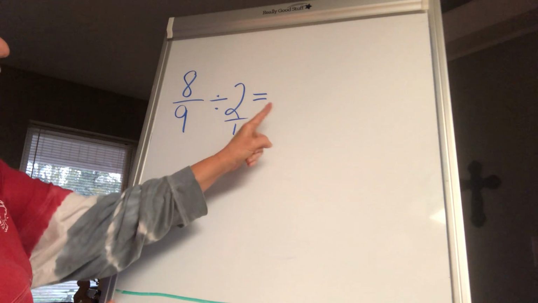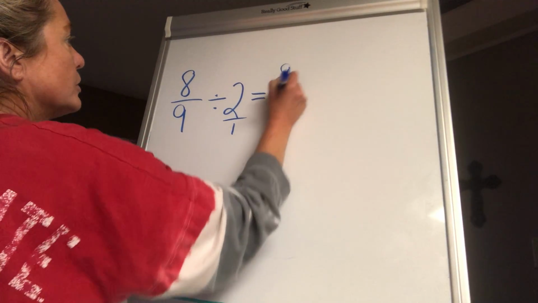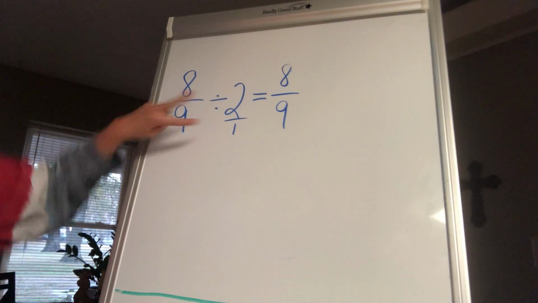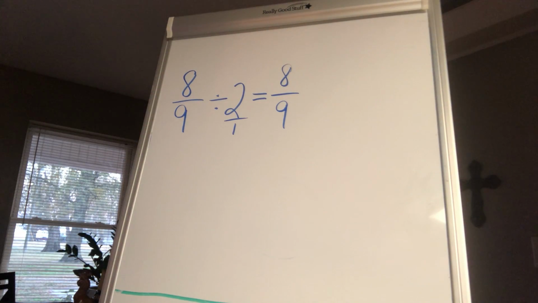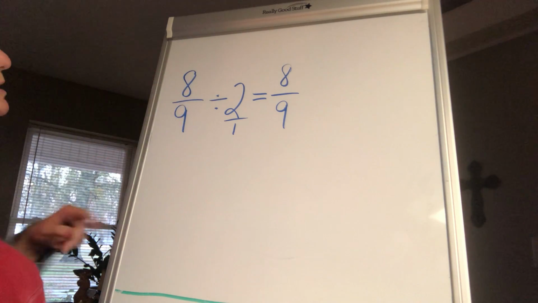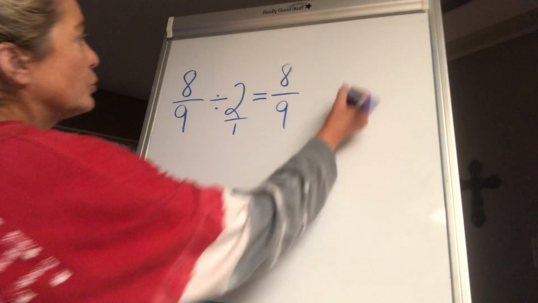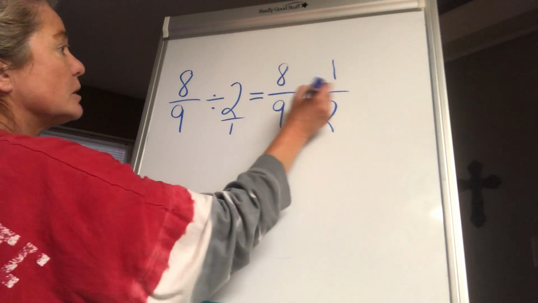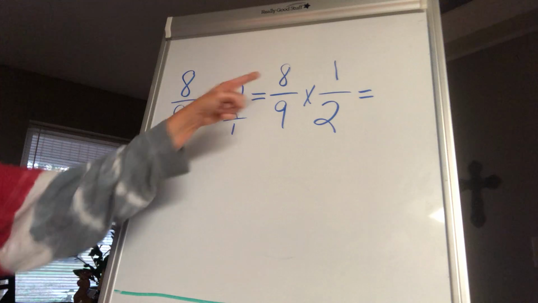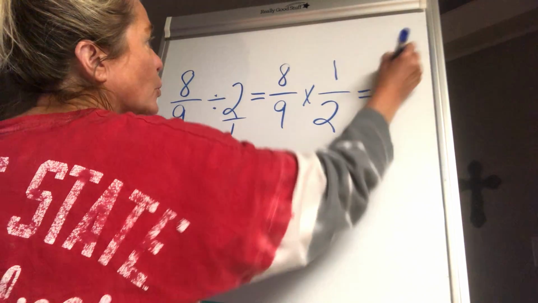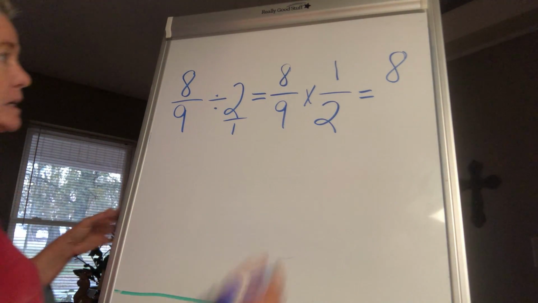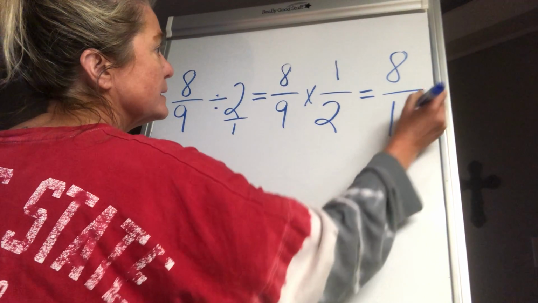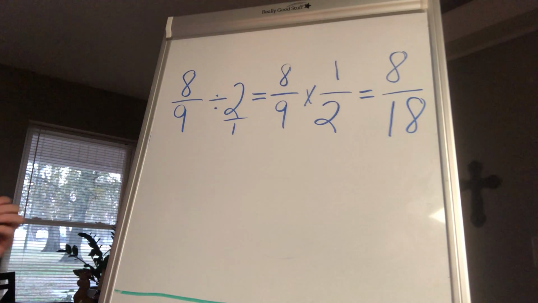So we would slide our first fraction on over, and then the second fraction we flip, or we do the reciprocal. So the reciprocal of 2/1 is 1/2, and then we multiply. So we have 8 times 1 is 8, and 9 times 2 is 18.